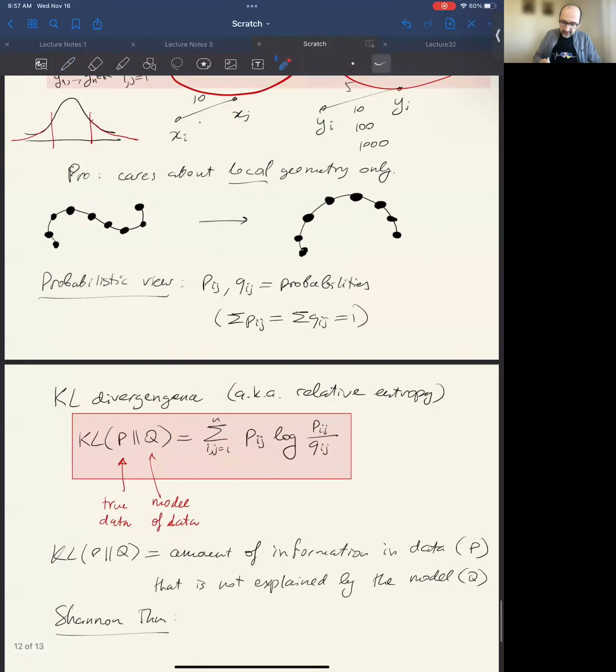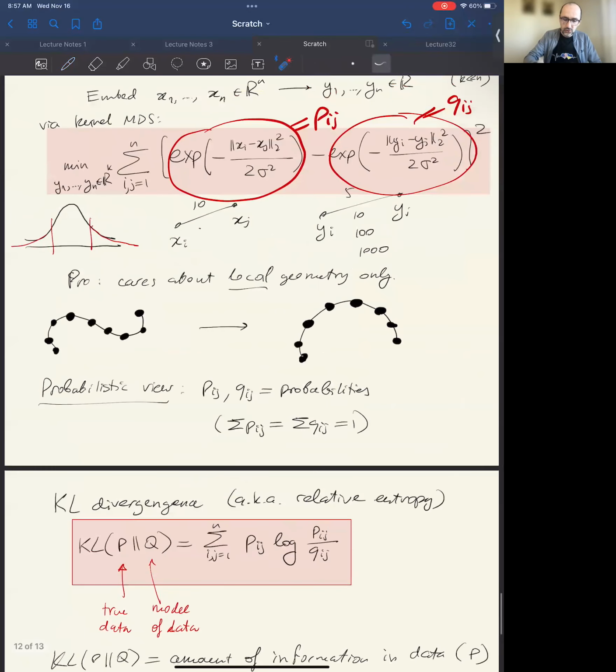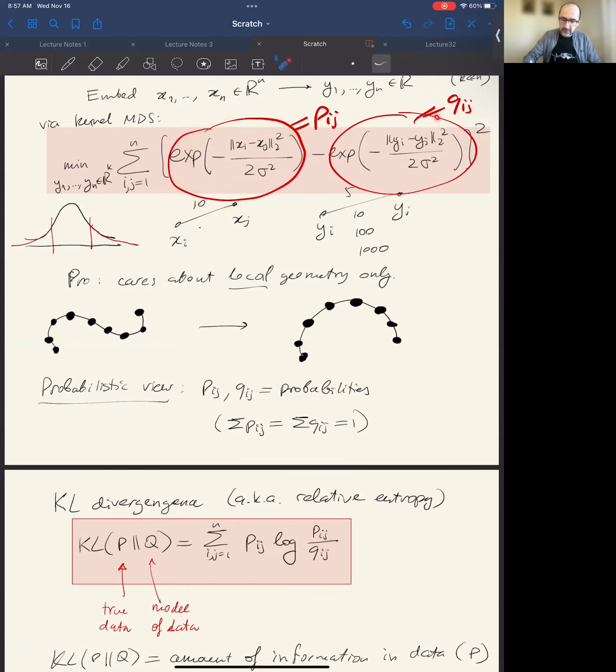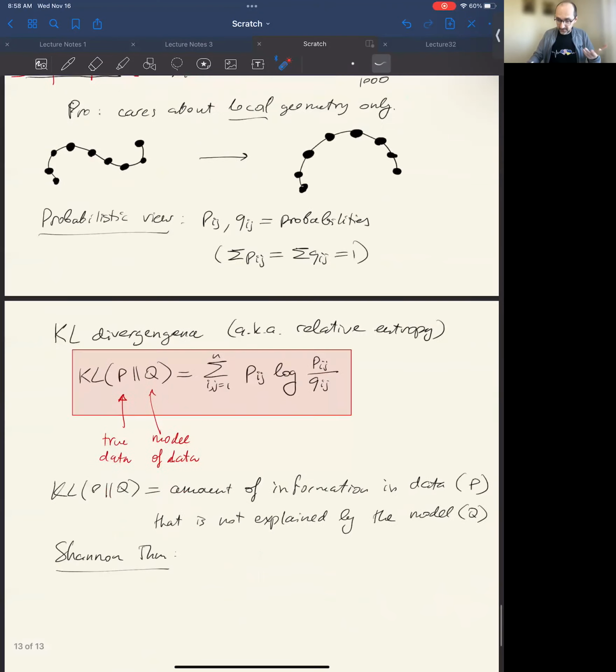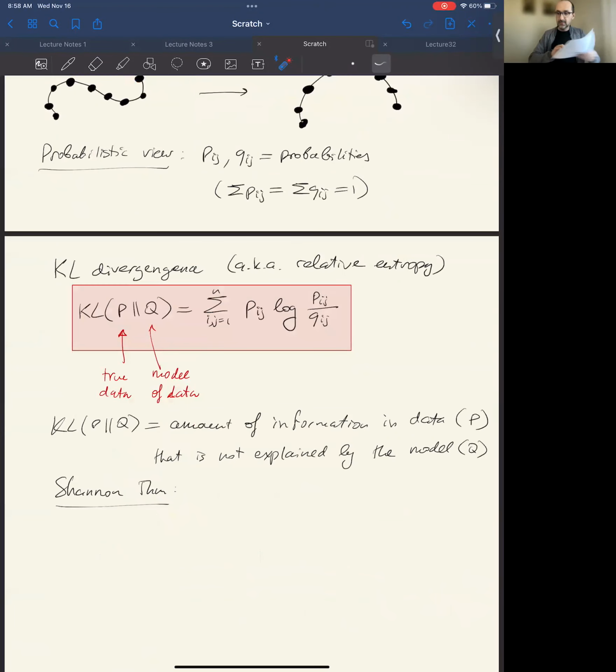Here, Pij's are the distances between the true data. Qij's are the distances between the model that we put on the data. We look at them as probabilities, and we would like the model to explain the true data, right? We would like the low-dimensional representation, low-dimensional image to explain the data, the high-dimensional image. And the good objective function for that is KL divergence, because that measures the amount of information that is not explained. Great.